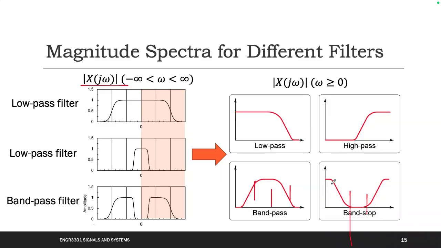Do you know why it helps us remove it? If your FT magnitude has this form, you will have a low pass filter. Do you know why?